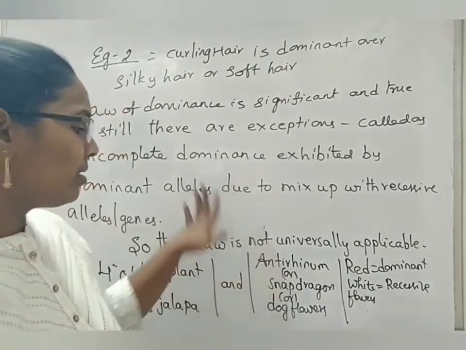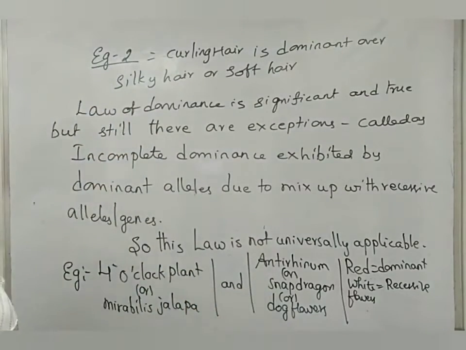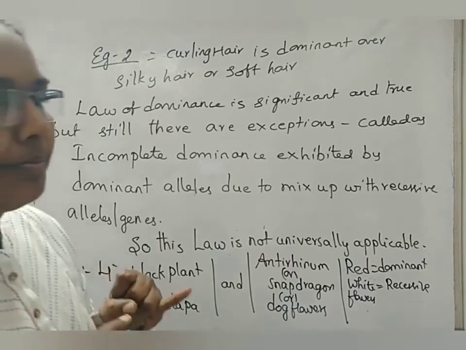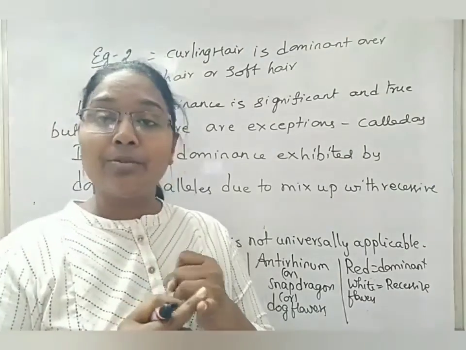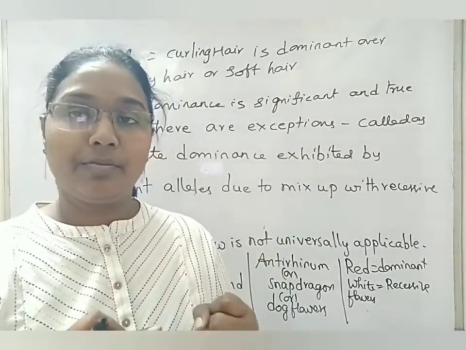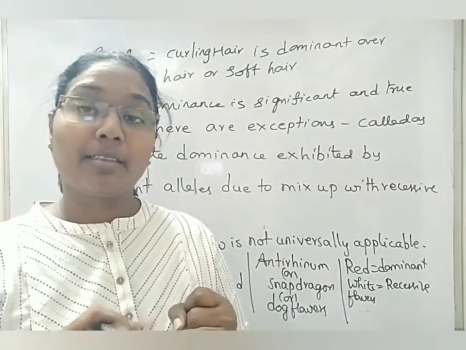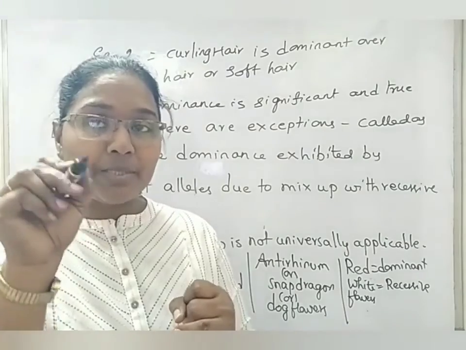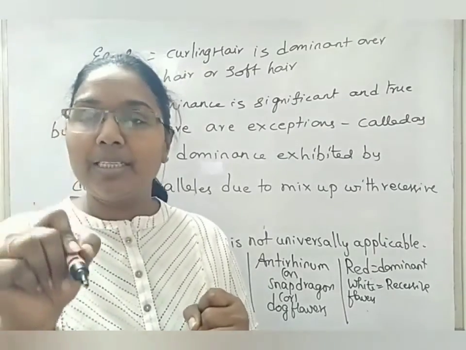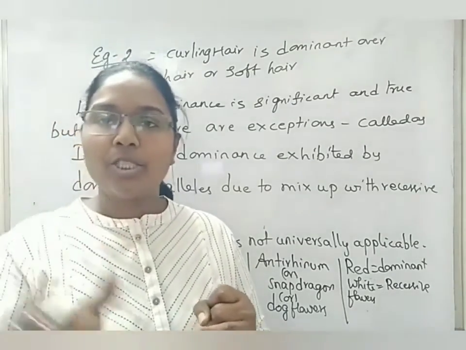So this is about incomplete dominance and its phenotypic expression in some exceptions. We can also take another example, like eggplant. Violet brinjal we know, green brinjal we know. We also see in the market a third variety of brinjal with violet stripes and green stripes on the outermost coat.